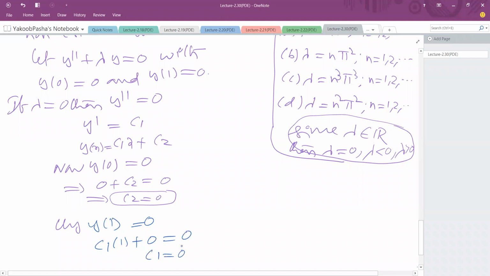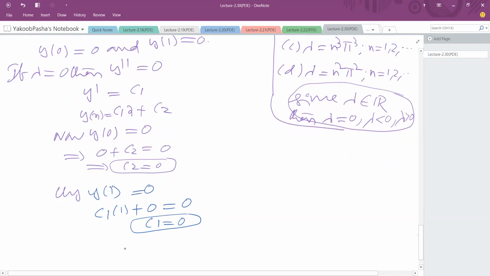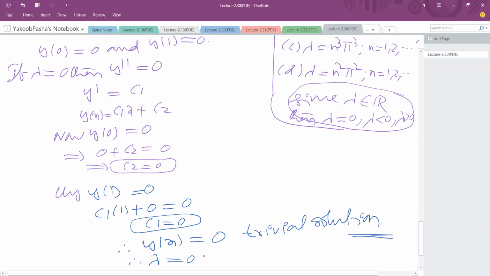So we get c1 is equal to 0 and c2 equal to 0. Therefore, y of x is equal to 0. This is the trivial solution. But we have to find the non-trivial solution. So lambda is equal to 0 is not an eigenvalue.